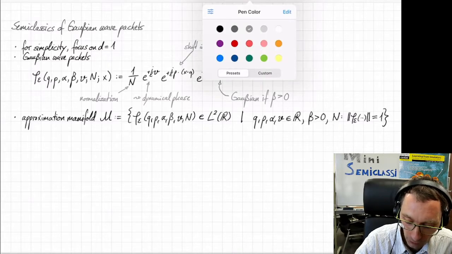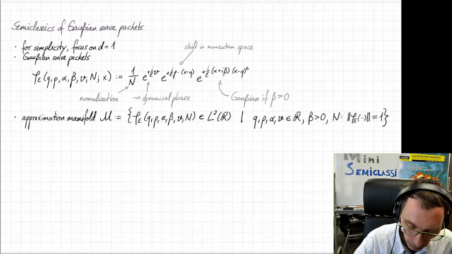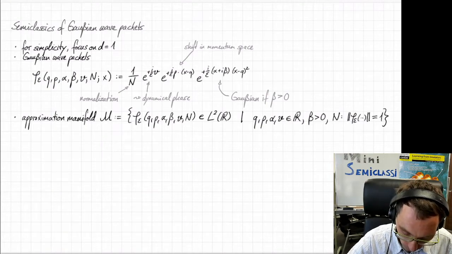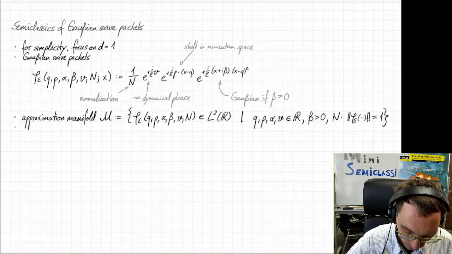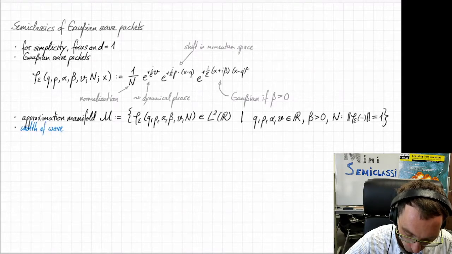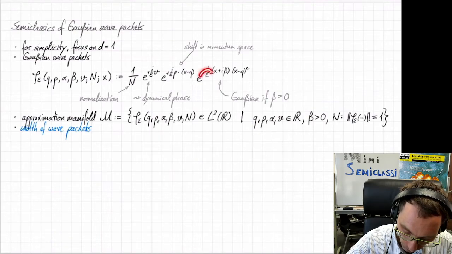But there's one thing that is implied here, and I think that should be made explicit. So these wave packets, they have a width, so a width in real space. And this width, if you look closely, you can see this best here.